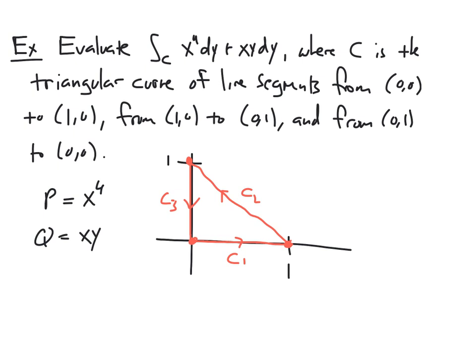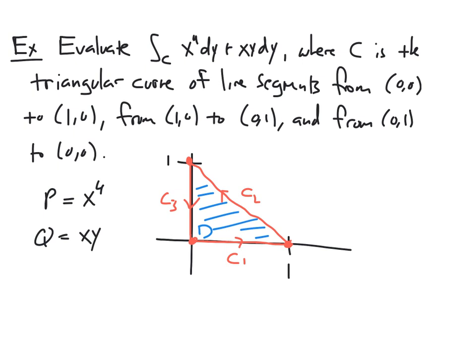This is certainly not impossible to do, but as we're going to see shortly, by using Green's theorem to rewrite this as a double integral over this triangular region D, which will be the interior of our triangle, so D is going to be this area in here, we'll be able to do this integral much simpler just using the double integral over this region.